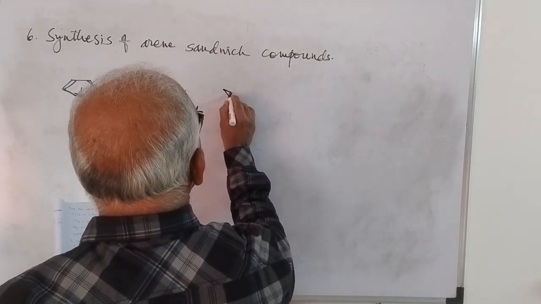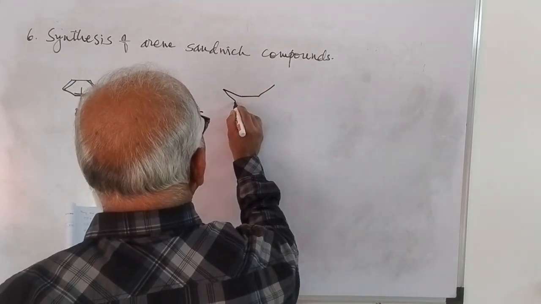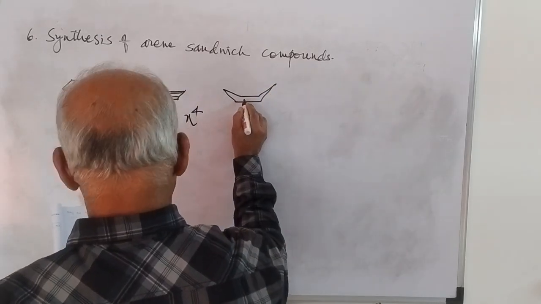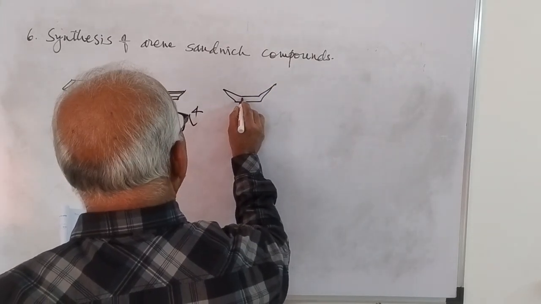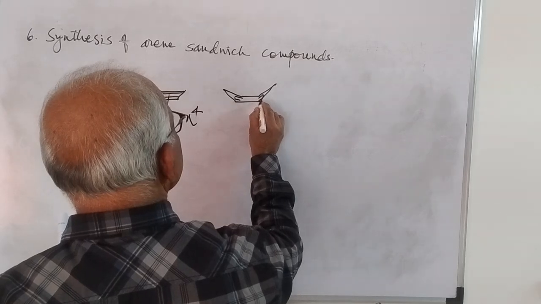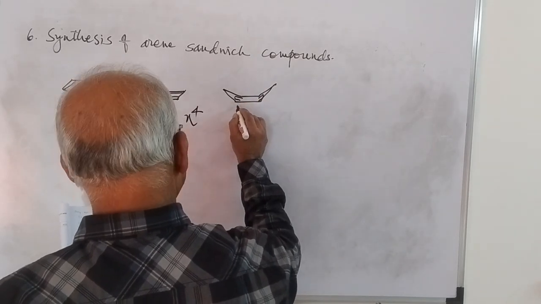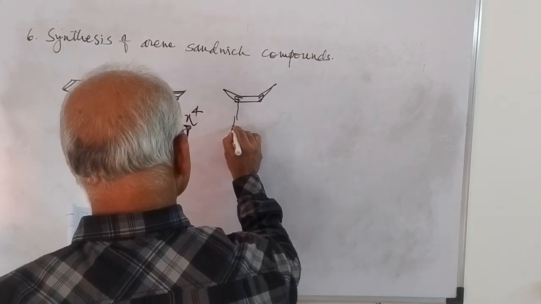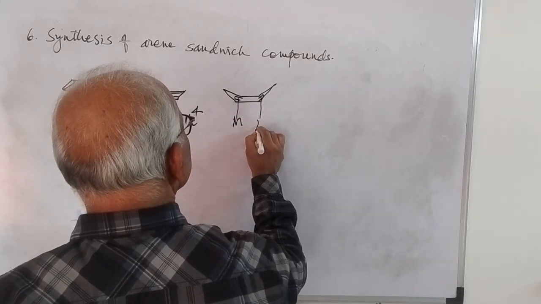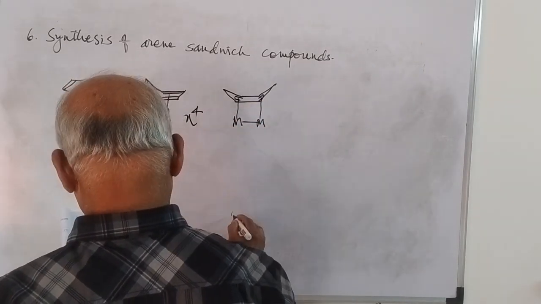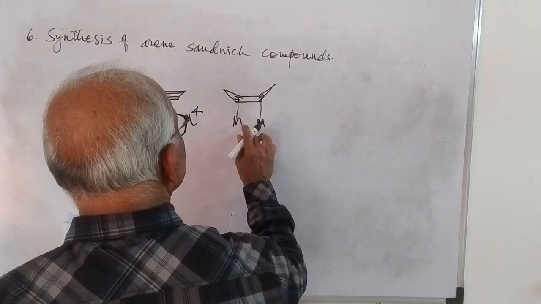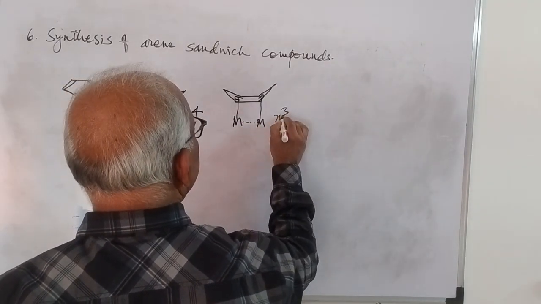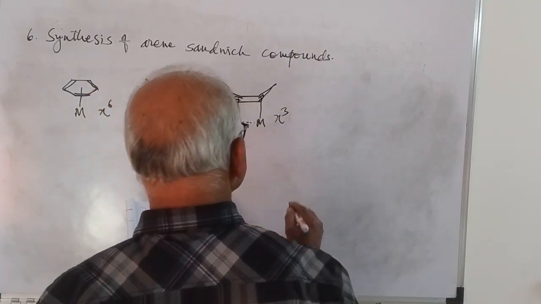Now we take another example where we can have a structure like this, and the metal is bound in this way. So this is eta 3 bonding.